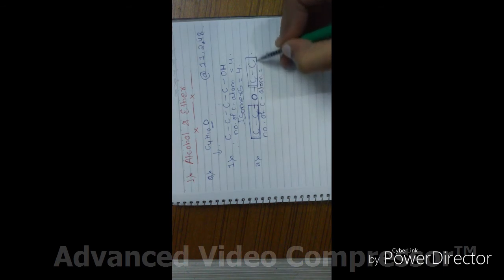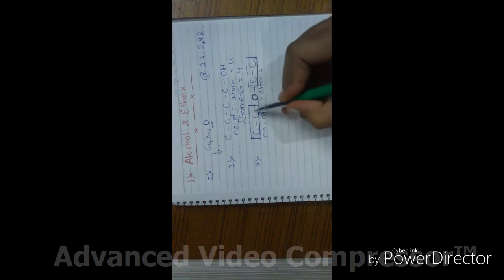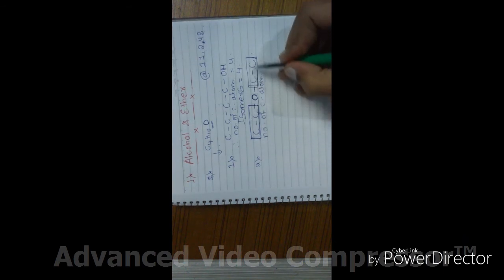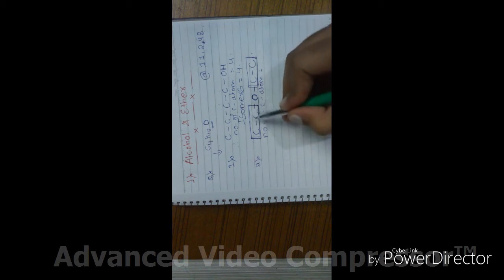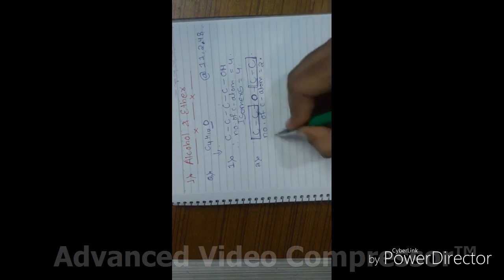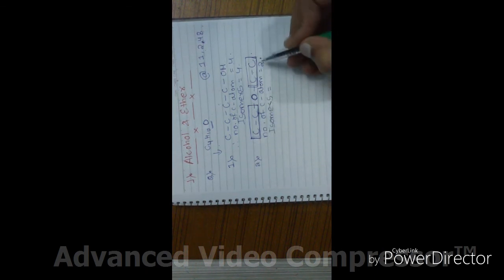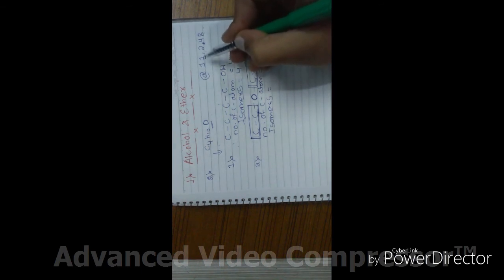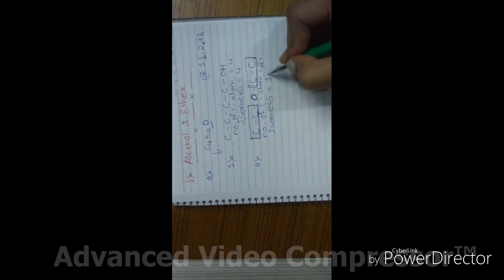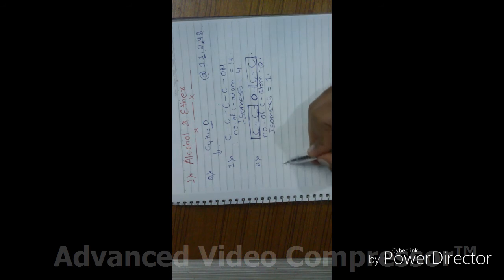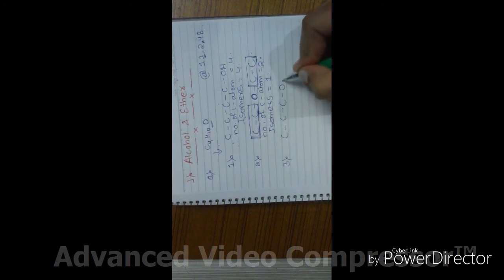Both are longer groups, and we have to choose only one, either this or this. We can choose any of these, and here 2 carbon atoms are present. So isomers equal, for 2 carbon atoms 1 isomer.